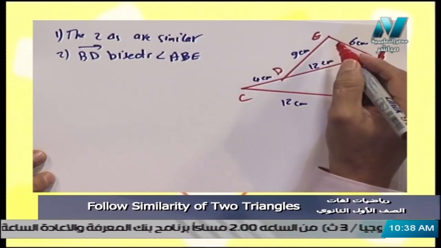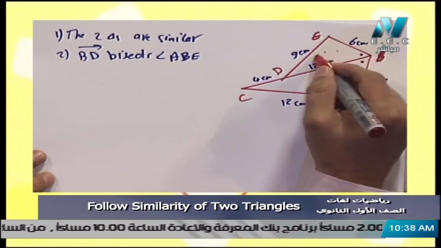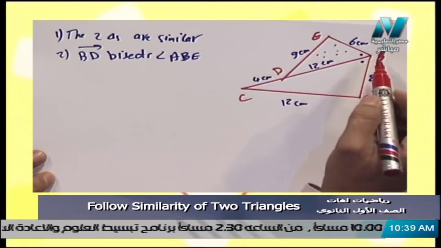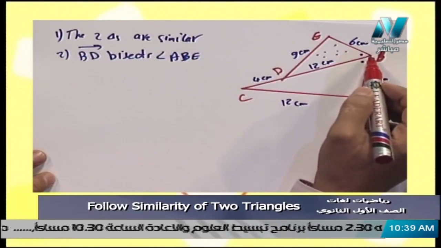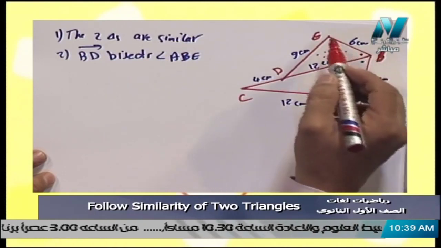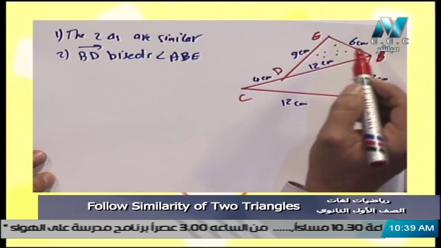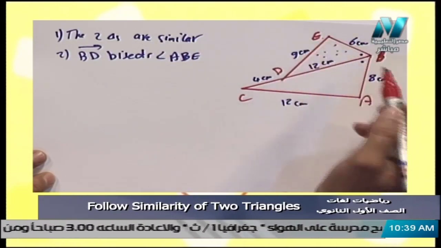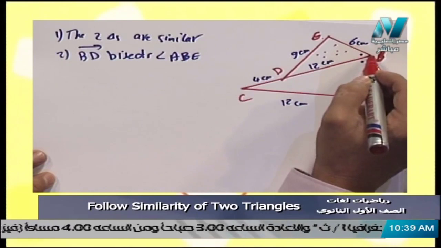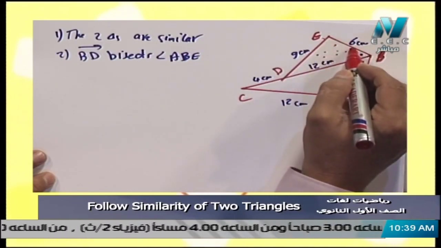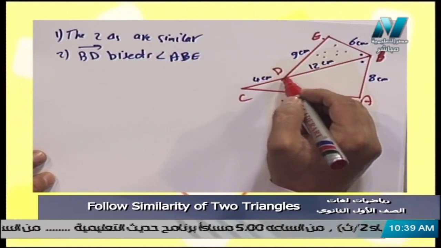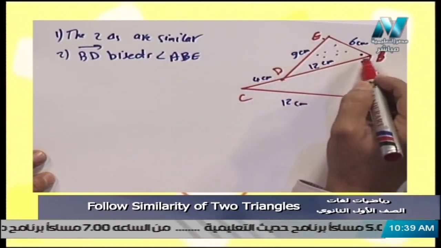If we arrange this triangle from the smallest side to the greatest side, we can name it EBED, not BDA. Here BE is the smallest side, ED is the middle side in length, and the last one is the biggest side, which is DB.